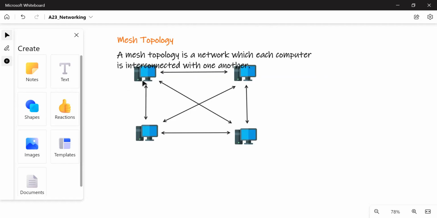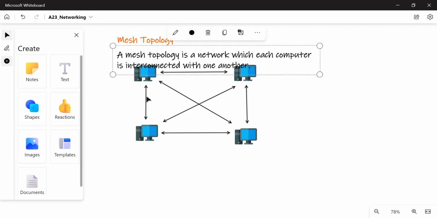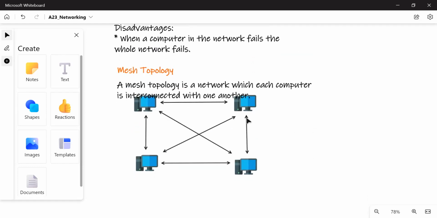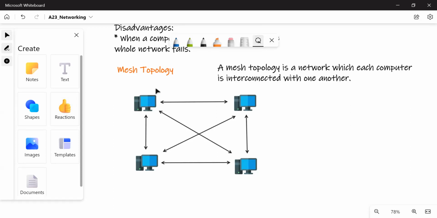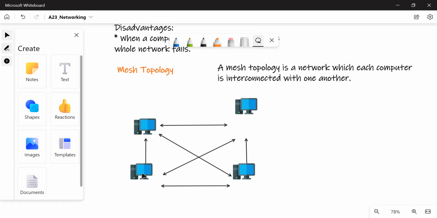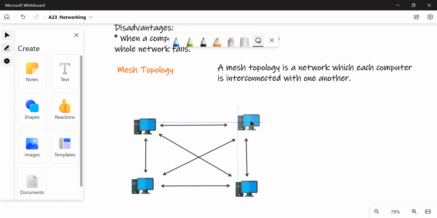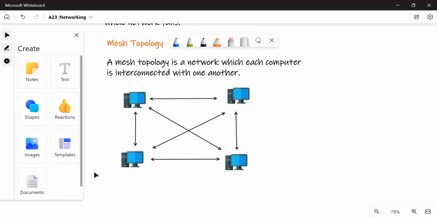So we call it a mesh. So that is what we call mesh topology.